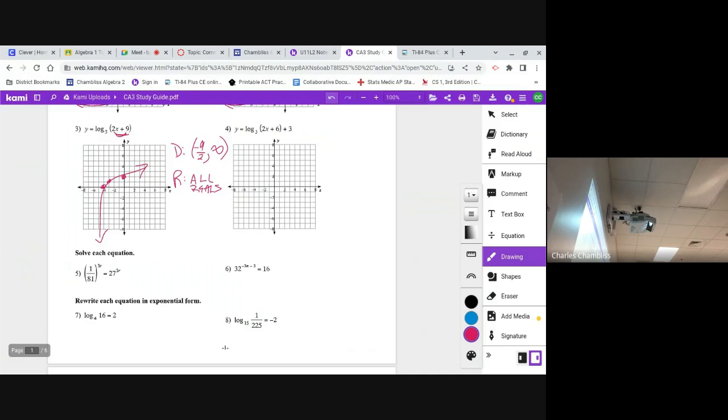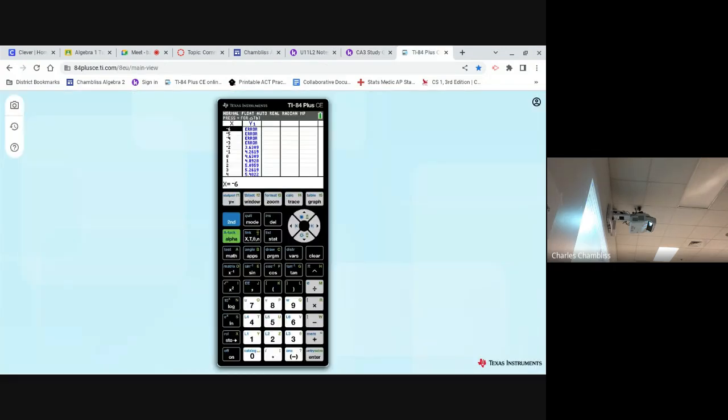You're going to get the domain is all the x is greater than -3. The range, again, is all reals. It's shifted up 3 by the plus 3 after it. If I look at the table and get a couple of good points. No. There are not any really good ones here.